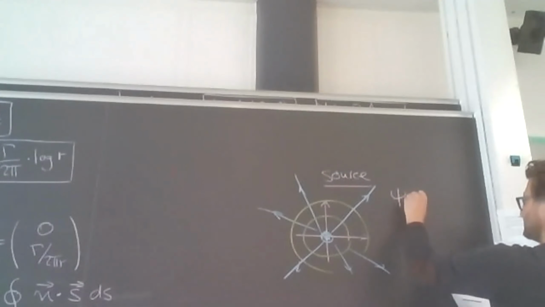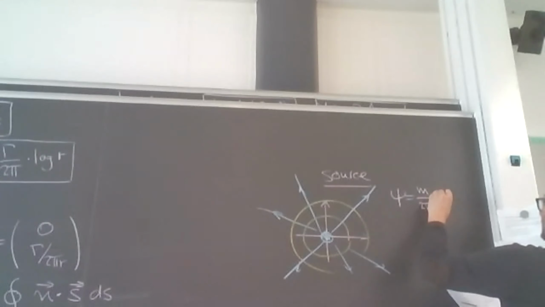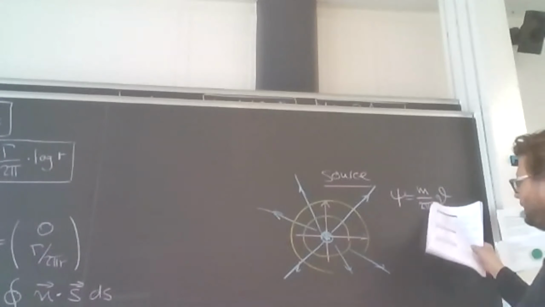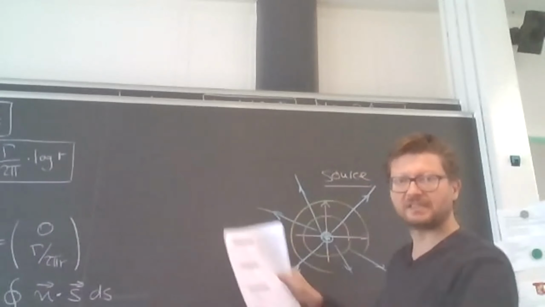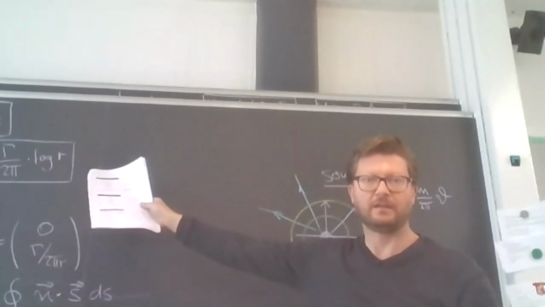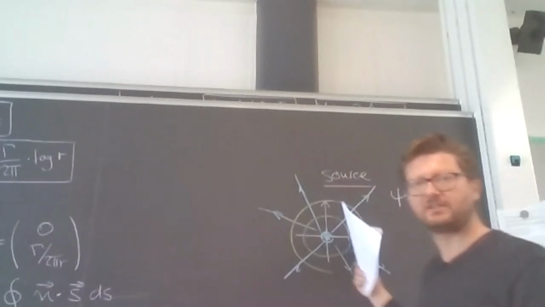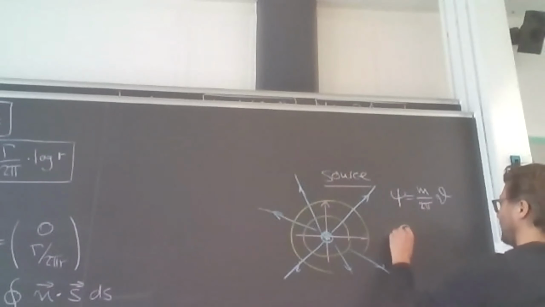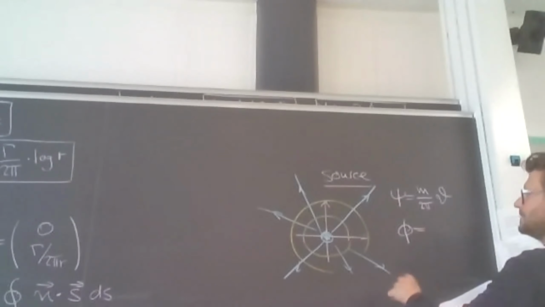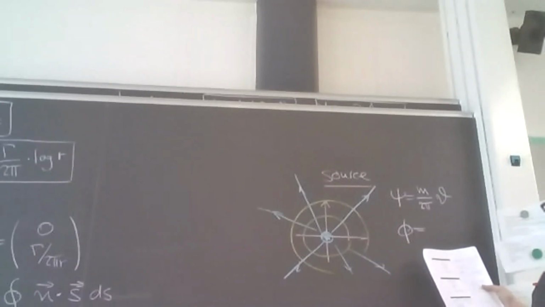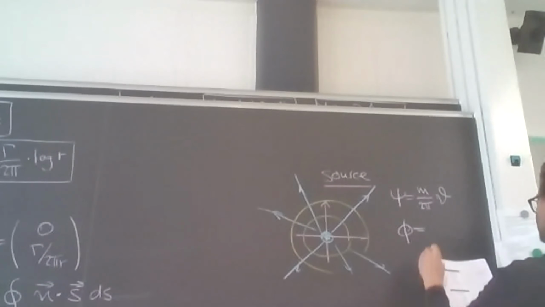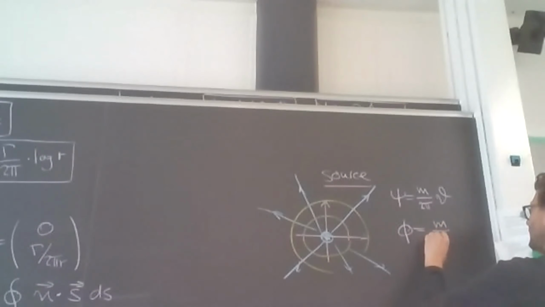And the stream function is simply m over 2 pi times theta. Just the same we had for the potential before is now the stream function. And the potential is what used to be the stream function before, and it's m over 2 pi times log r.